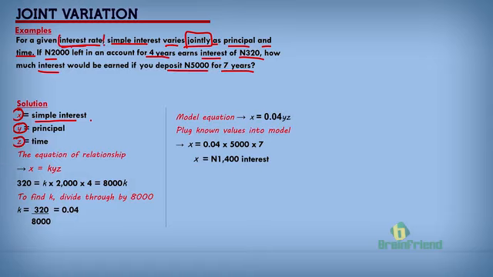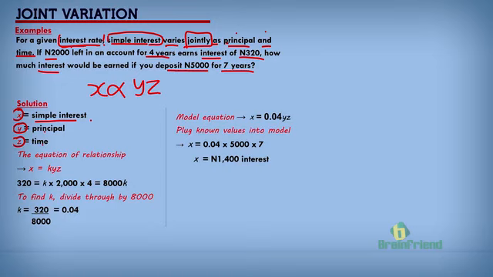For a given interest rate, simple interest varies. So x is our simple interest, varies jointly as principal and time. So we have principal and time as the other actors. Principal is y, time is z. So we have x varies as yz.